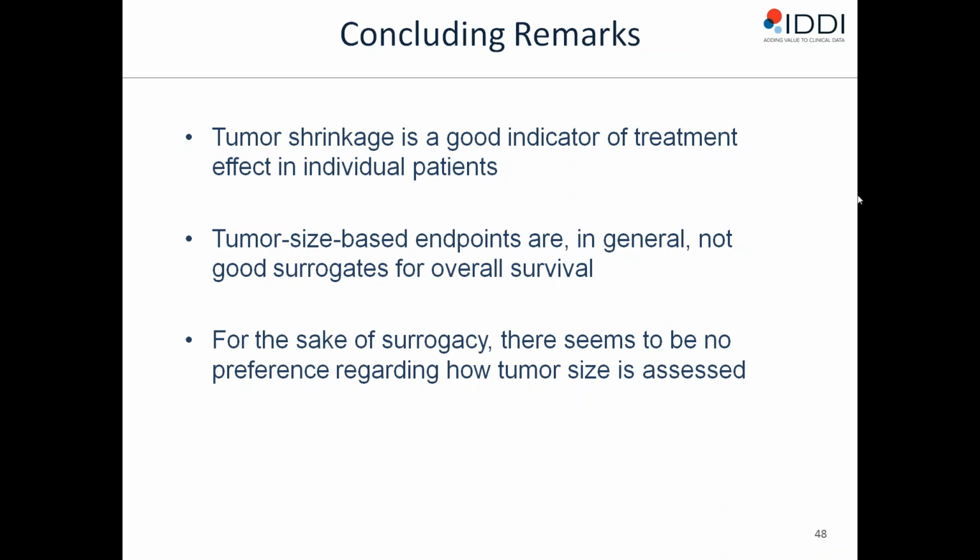We already knew that response rate itself, at least for the tumor types for which it has been assessed, is not a very strong surrogate for OS. And for these novel endpoints, we have less information for the time being, but it appears that they are also not very good surrogates. And it appears also, based on limited information, that there seems to be no preference regarding how tumor size is assessed, whether you look at it as a continuous variable or as a dichotomous variable. At least for the sake of surrogacy, it seems that that doesn't matter.